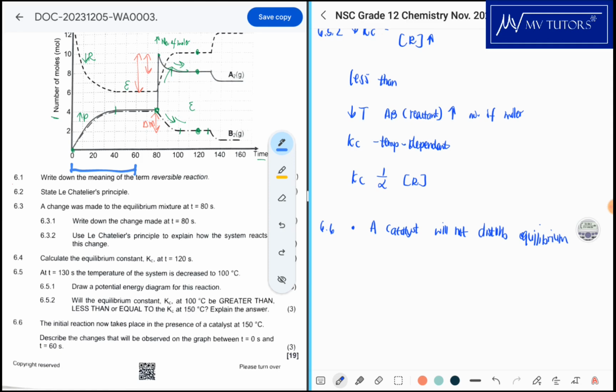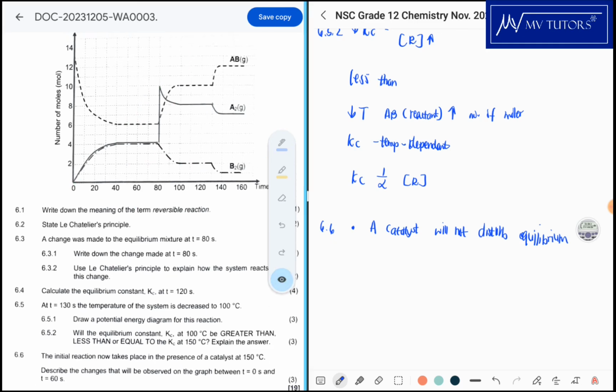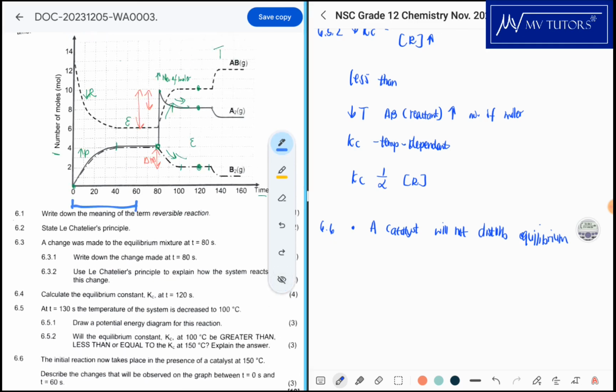But now what about just looking at the steepness of the graphs? So what will happen now with the catalyst? The number of moles also, you're going to have 12 initially, you're going to have 0 for the products initially, but equilibrium will be reached faster. Okay, so what do I mean?